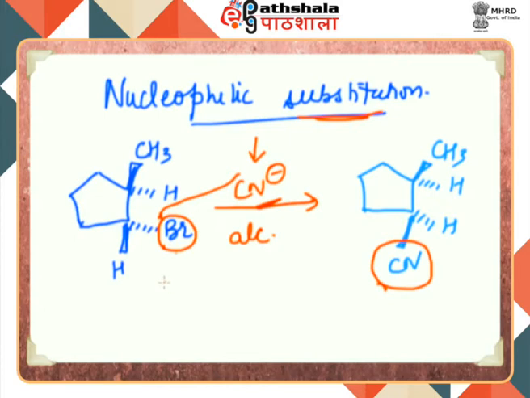Another thing that you must be noticing here is the change in configuration. The Br was earlier placed here and now the CN has come here. It is just because this reaction proceeds via SN2, and there are other SN1 reactions where there will be racemization, and this we will be discussing in detail in subsequent modules.